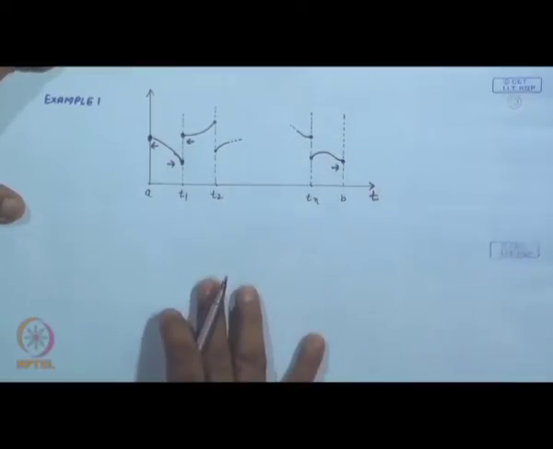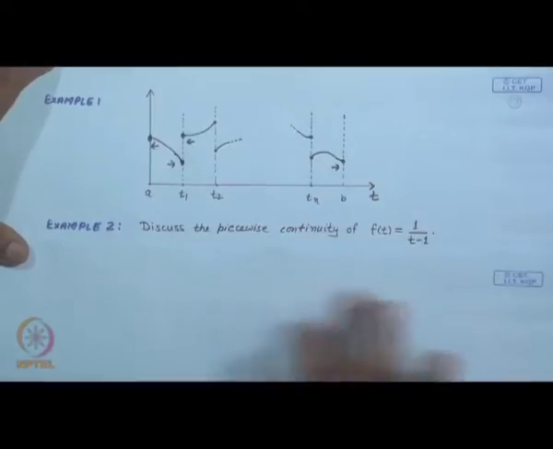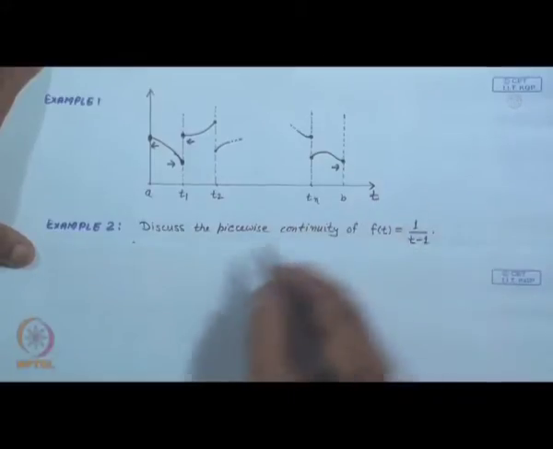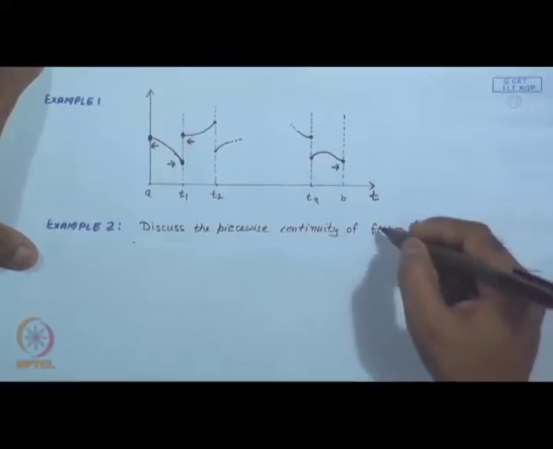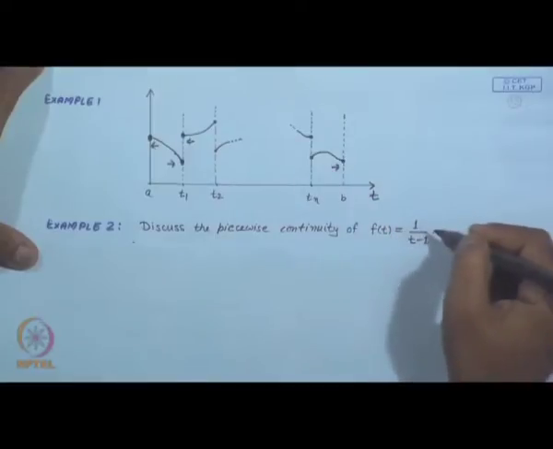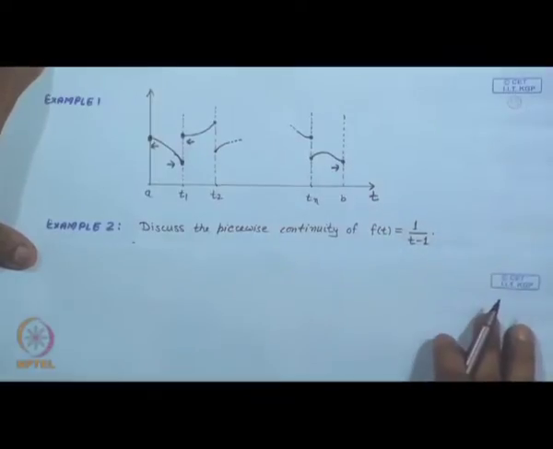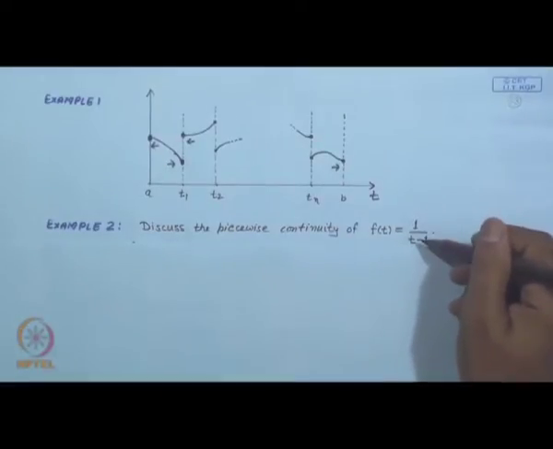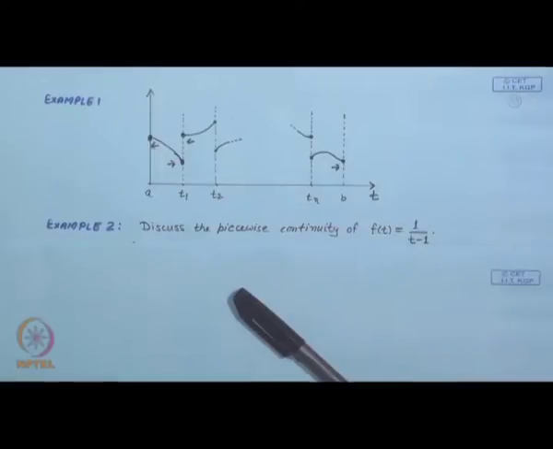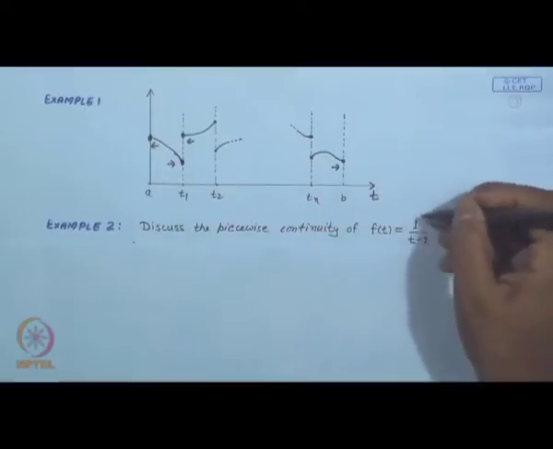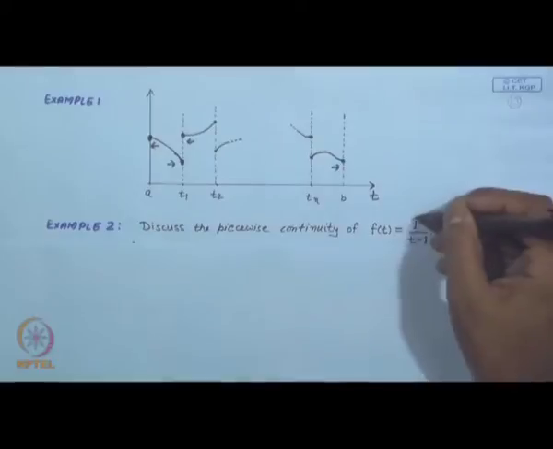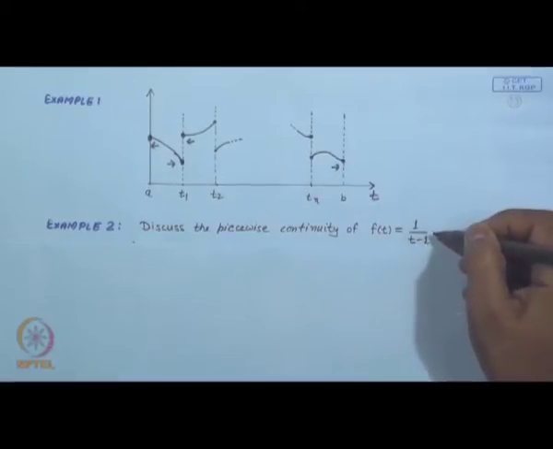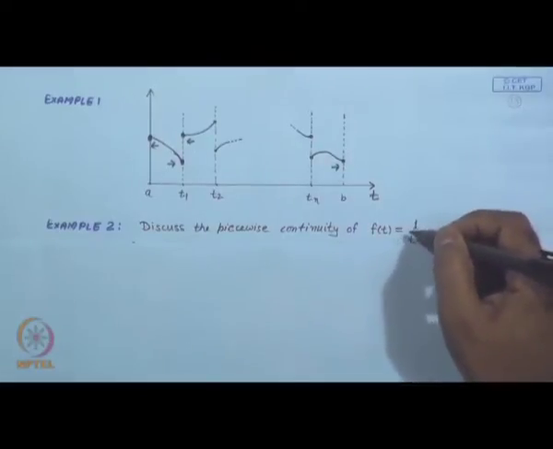We take one more example for this piecewise continuity. Let's discuss the piecewise continuity of the function f(t) is equal to 1 over t minus 1. What will happen here? The problem is at t equal to 1. Other than that, the function is continuous and we do not have any problems. We do not have to check anything else other than the limit as t tends to 1 from the right side as well as from the left side.